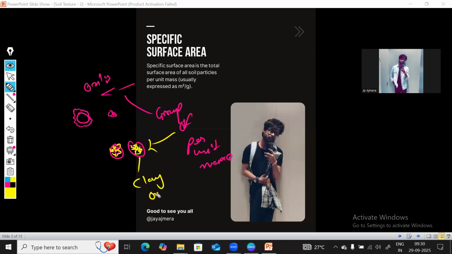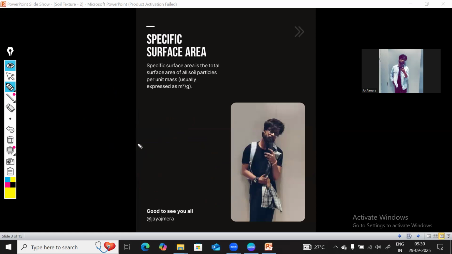Clay or silt. Clay will be more, then silt, then sand. This is the order of surface area. All right, let's jump to the next one, otherwise it will be more complicated.